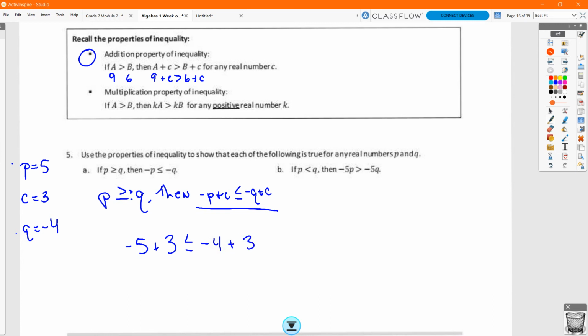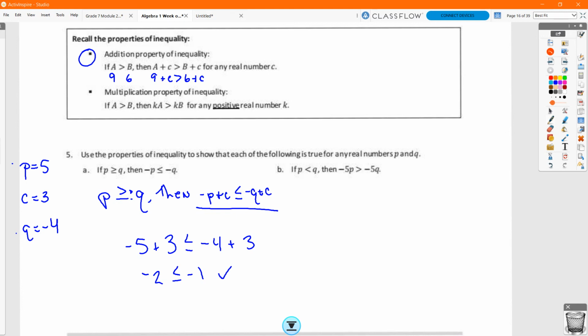Negative 5 plus 3 is going to give me a negative 2, and that is less than or equal to a negative 4 plus 3, which is a negative 1. It checks. So we have proven that this inequality is true. As long as P is greater than Q, then a negative P will be less than or equal to a negative Q. That is true. So we're good to go.